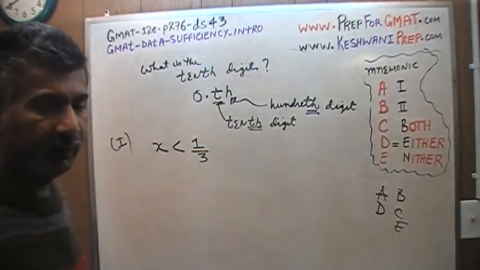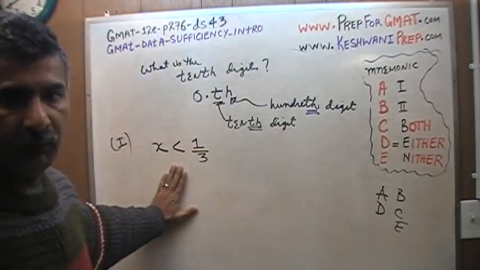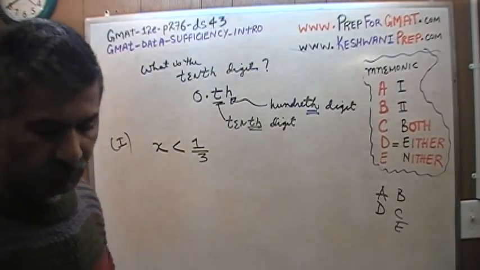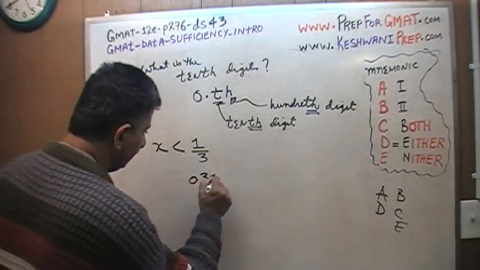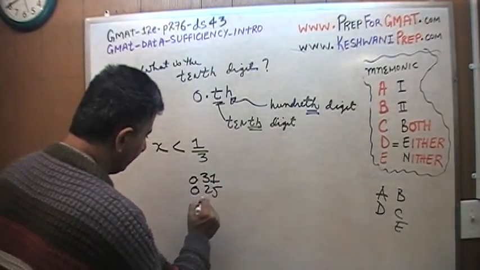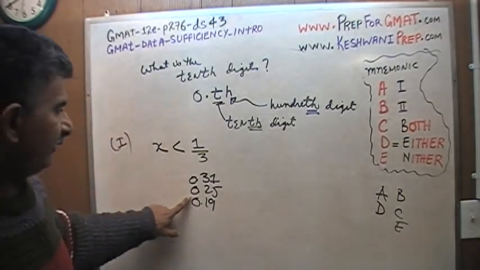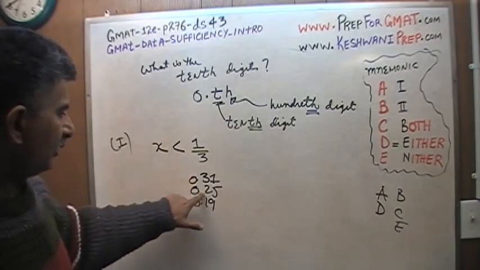Is that going to help us figure out what is going to be the 10th digit of this thing? Of course not. If it's less than 1/3, all it tells me is that it could be 0.31, it could be 0.25, it could be 0.19. It does not tell us what the 10th digit is. All we know at this point is that the 10th digit, whatever it is, has got to be either 1, 2 or 3.